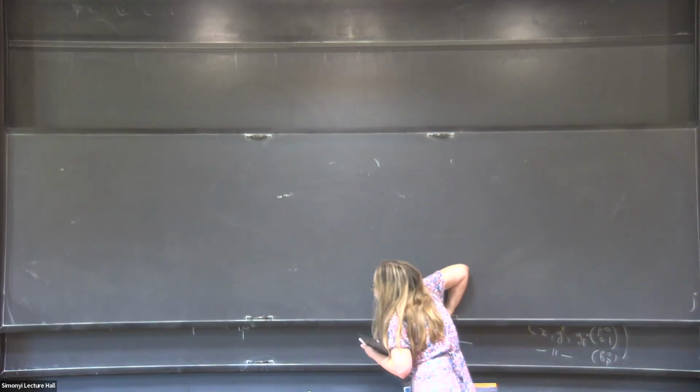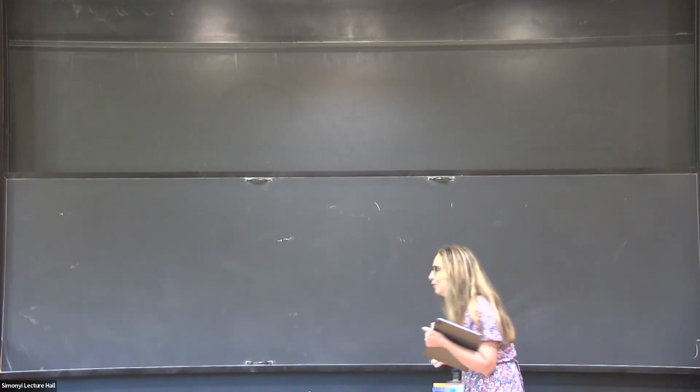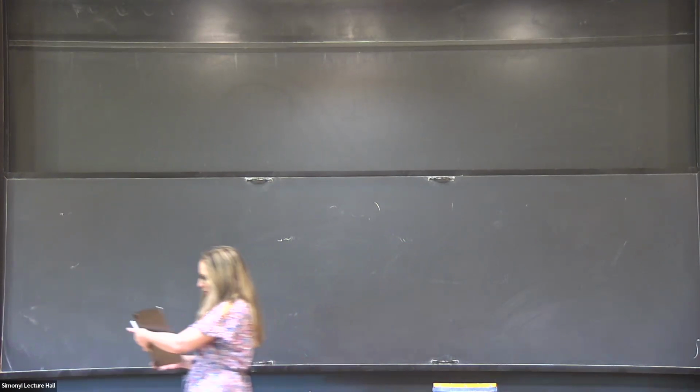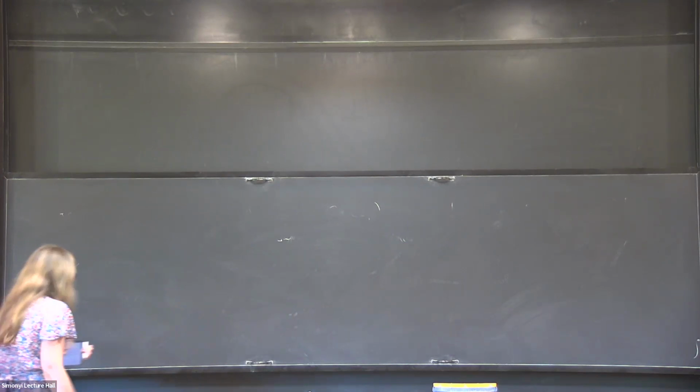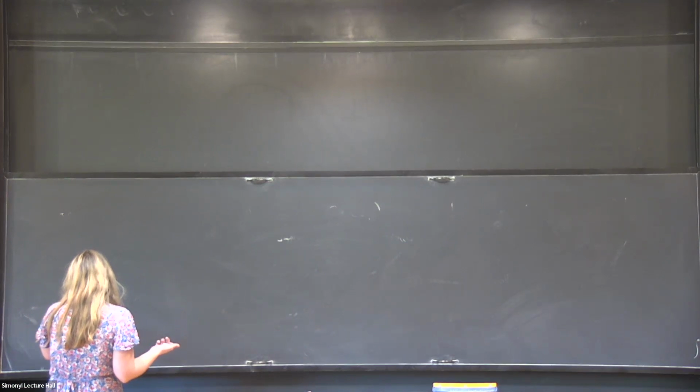And by the way, this is all still general. I've written it for GL2, but it also works for higher dimensional Shimura varieties or for spaces that are not Shimura varieties.